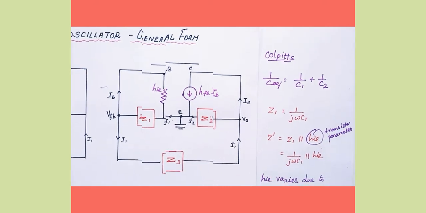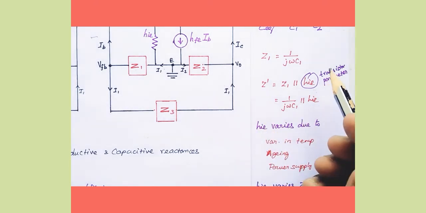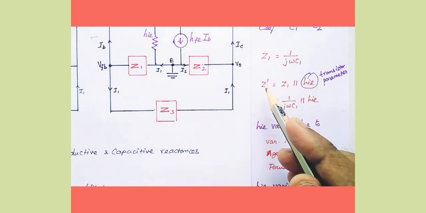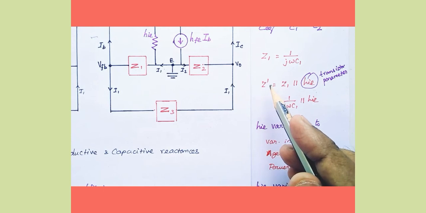Usually the transistor parameter varies because of these three reasons. The Hie varies due to variations in temperature. So if the temperature varies, Hie also varies. Because of aging of the transistor, as well as the variation in power supply, the input resistance also changes. When the input resistance is changed, automatically the equivalent impedance Z dash also changes.